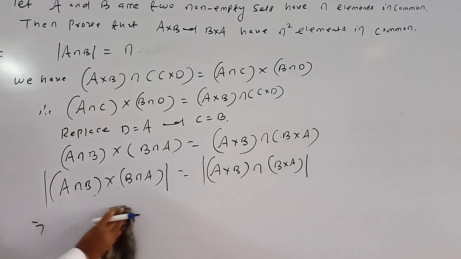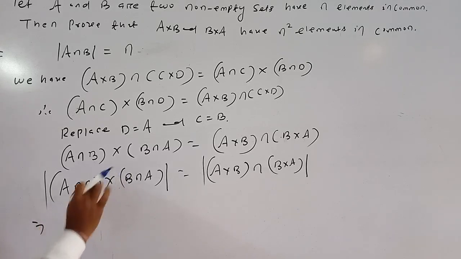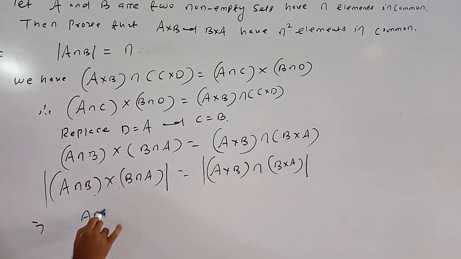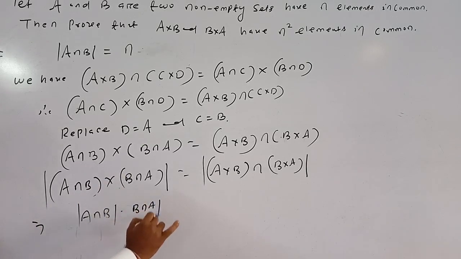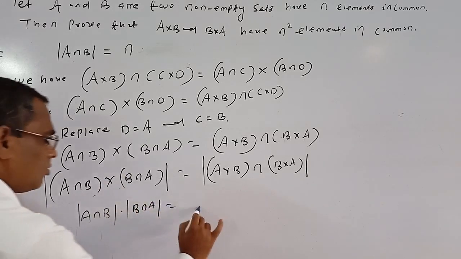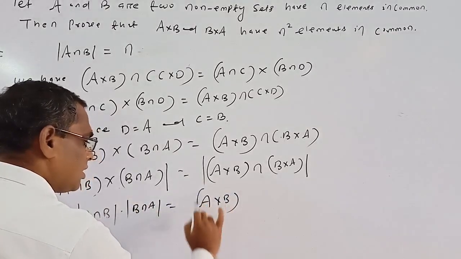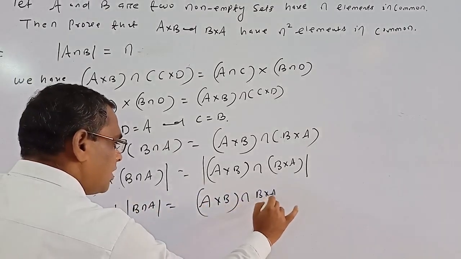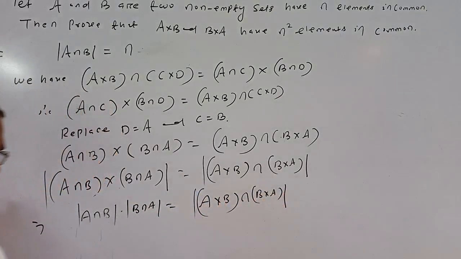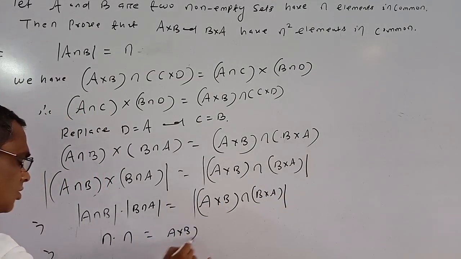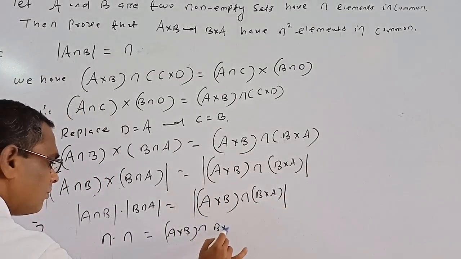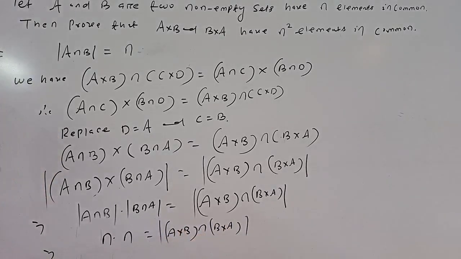So its cardinality is equal to the cardinality of A ∩ B into the cardinality of B ∩ A, which is equal to the cardinality of (A × B) ∩ (B × A). Since A ∩ B has n elements, this is n into n, equal to the cardinality of (A × B) ∩ (B × A).